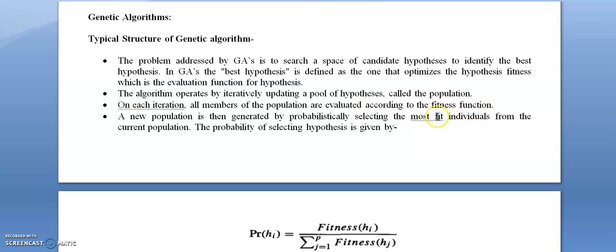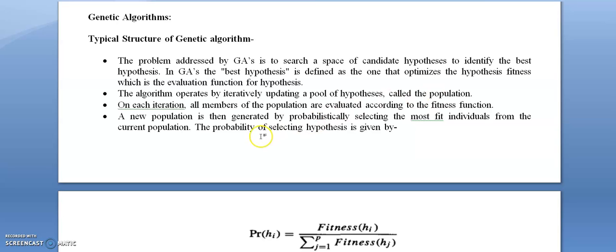On the basis of the fitness function, we will select the members, or we will select the hypotheses which could be used for generating the next population solution, or which can be included in the next population.